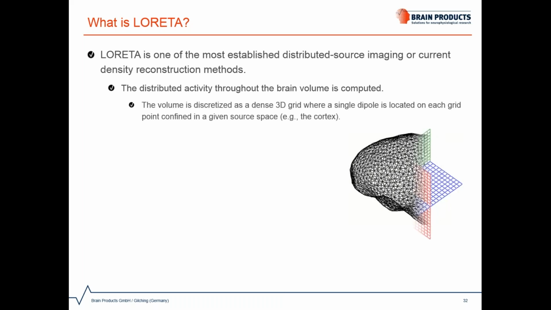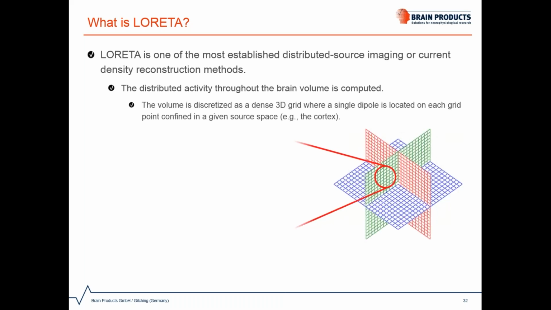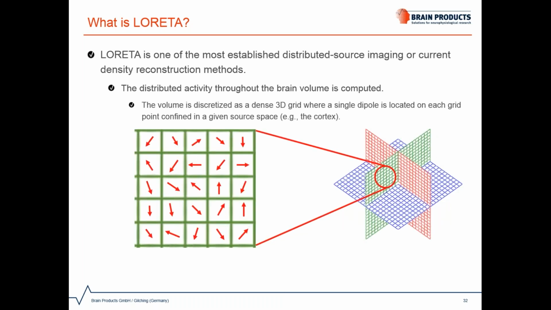Then this cortical space is discretized into a dense 3D grid, and a single dipole is assigned on each of the grid points. Conceptually, it is assumed that these dipoles are fixed in position within the predefined source space. So the goal is then to estimate the magnitude of these dipoles at each grid point. These grid points are also referred to as voxels.